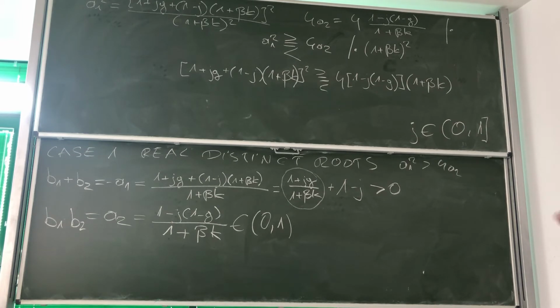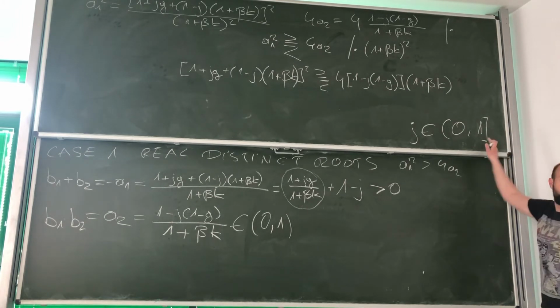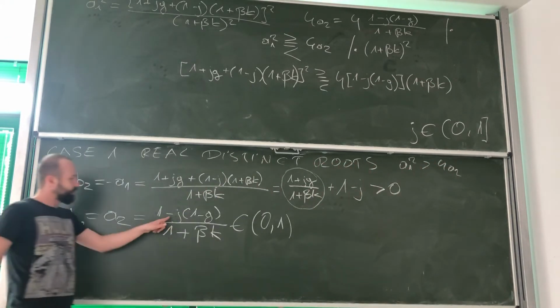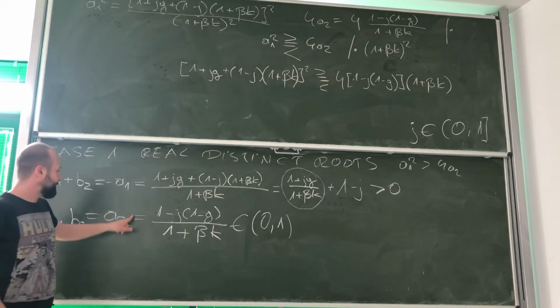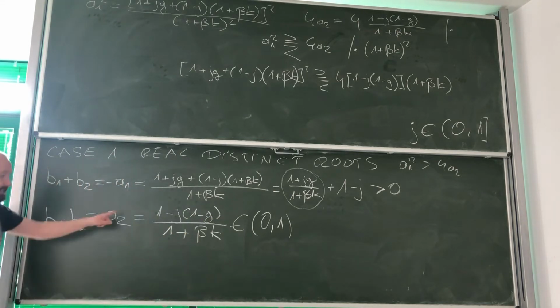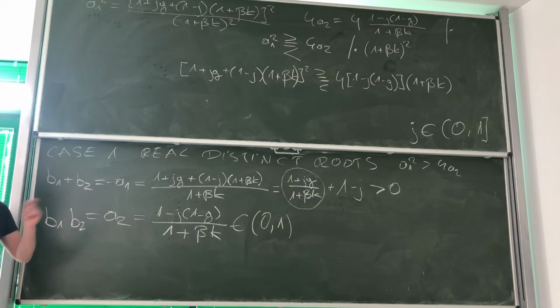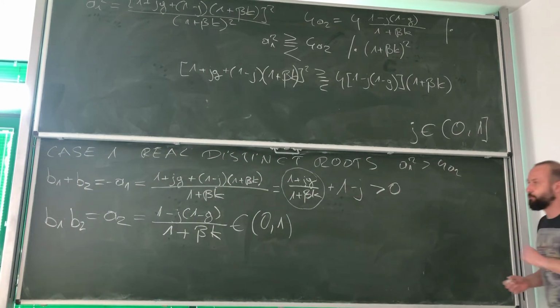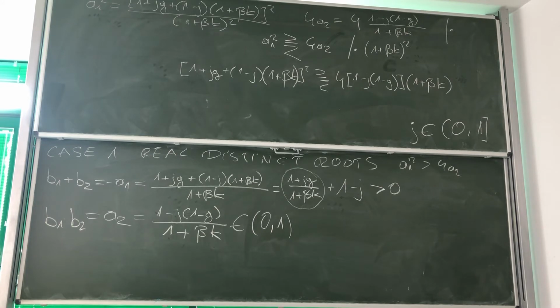However, what if j would be above 1? We would have a problematic situation over here. We could get that this expression is actually negative. And this would tell us that one of the roots is positive, while the other is negative.